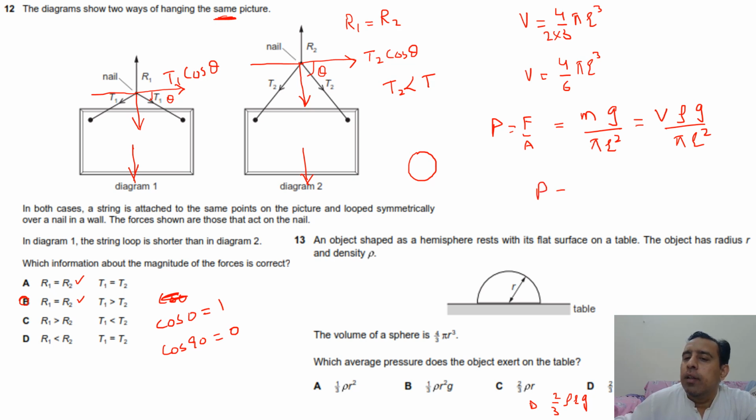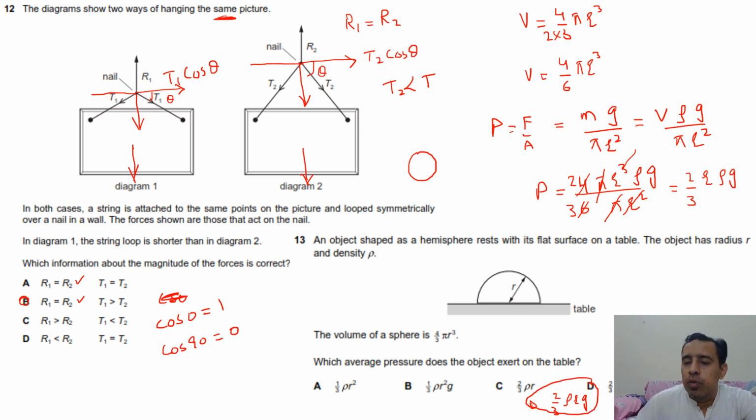So by substituting the values, V is 4 over 6 pi r cube, this is volume, rho g over pi r square. This pi is cancelled with this pi, this r square is cancelled with this cube, and this is 2 by 3. So the answer must be 2 by 3 r rho g. Option D is the correct answer.